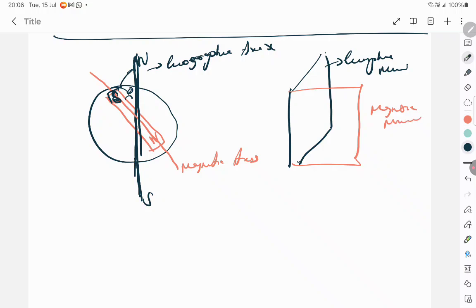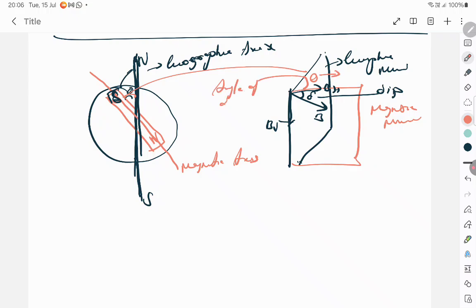And it's like a notebook, so there will be a resultant magnetic field which goes through the notebook, like a parallelogram law, and that B will have a BH and a BV. This angle is called delta, or the dip angle. This angle theta between the meridians is called the angle of declination. This is called the angle of dip or dip angle.